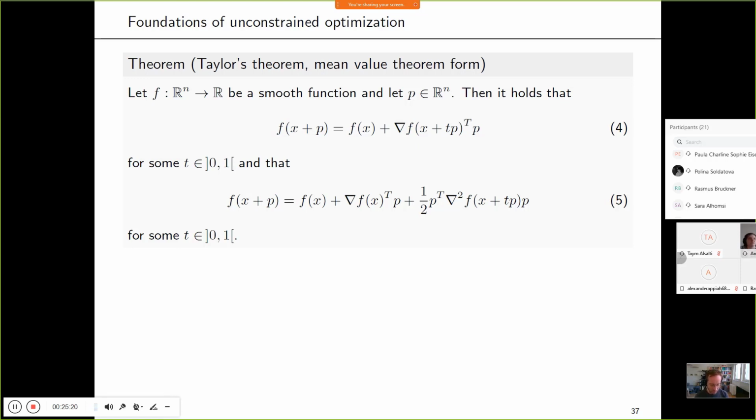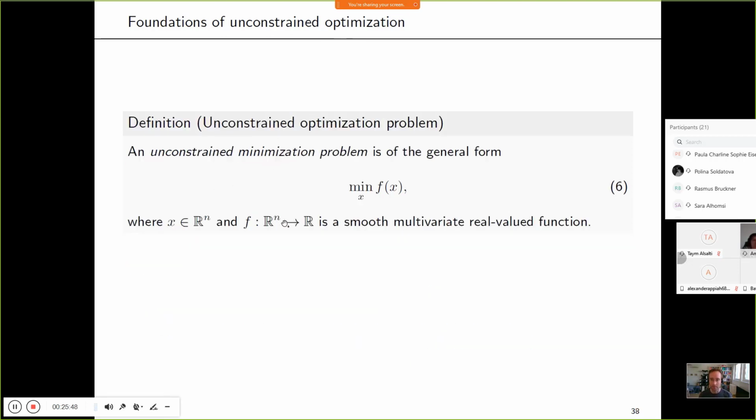So the point is now we want to first establish some criteria for finding the minima of multivariate real-valued functions, because we always have to do that in many machine learning and statistical methods. We have to find minima of functions, and a big help in that will be Taylor's theorem.